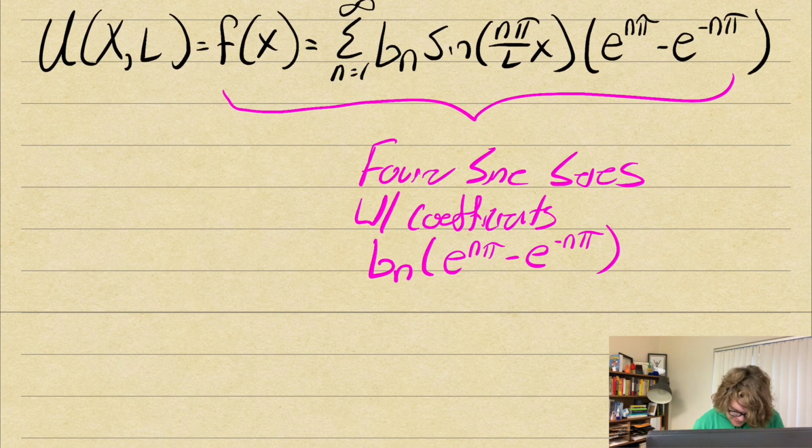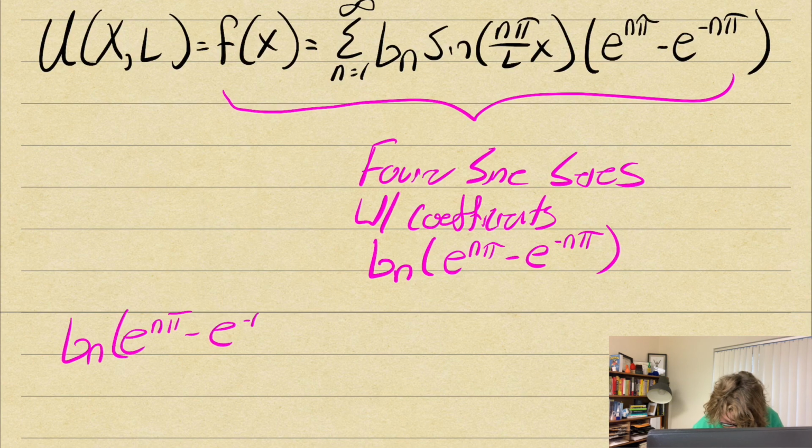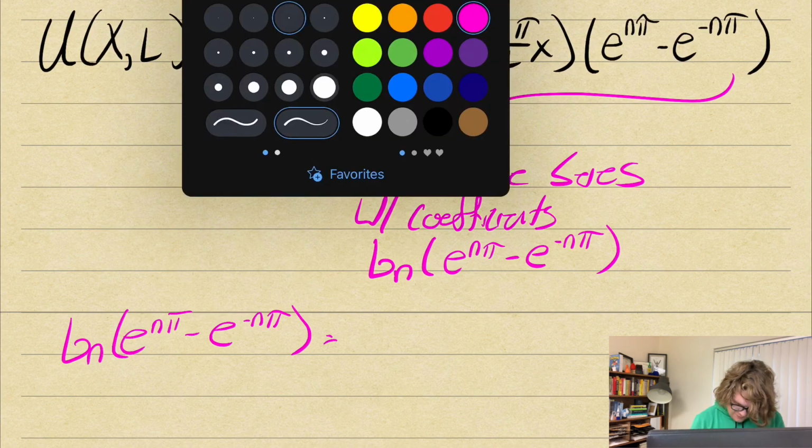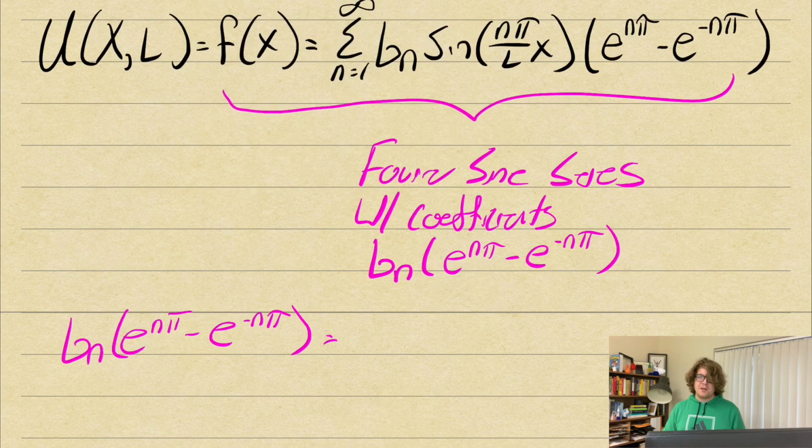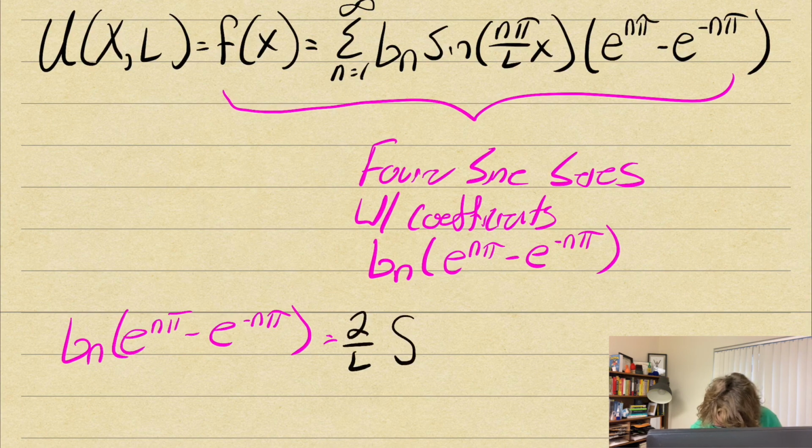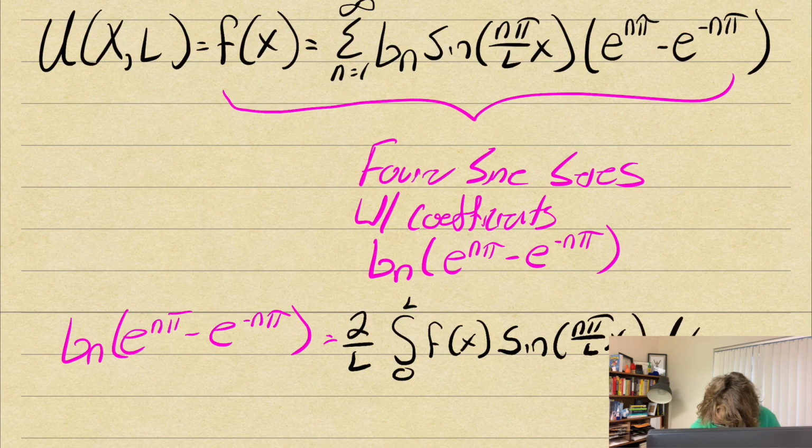So our coefficients are going to be equal to, well, since x is varying from 0 to L, a 2 over L times the integral from 0 to L of our function f of x times sine of n pi over L times x dx.